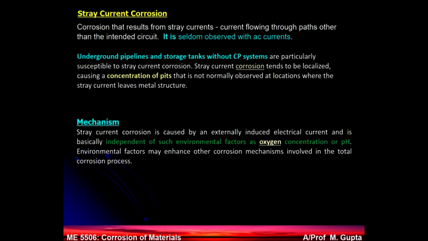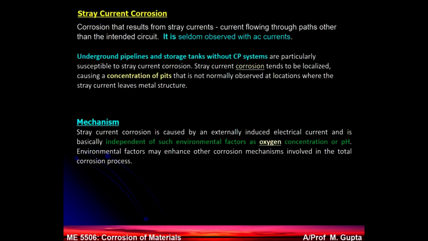So instead of current flowing back through the channel, it starts to take a shorter route and gets conducted through the soil in a faster way. And that leads to the corrosion of underground pipelines and storage tanks, especially the ones which are not protected.